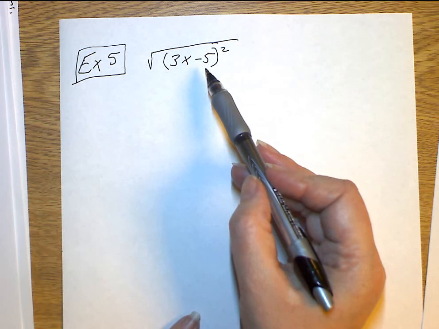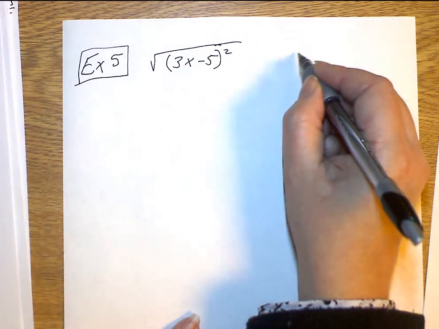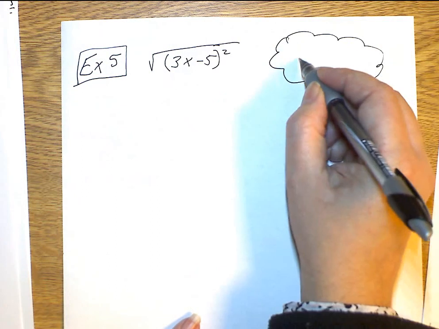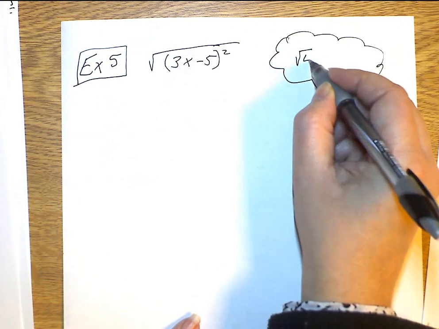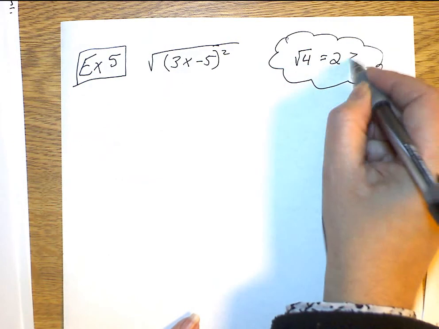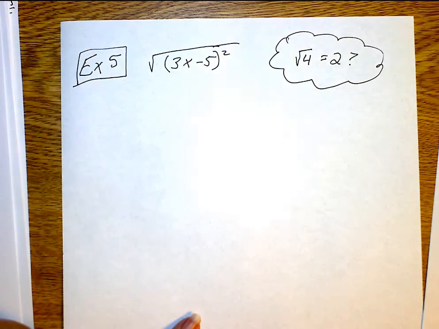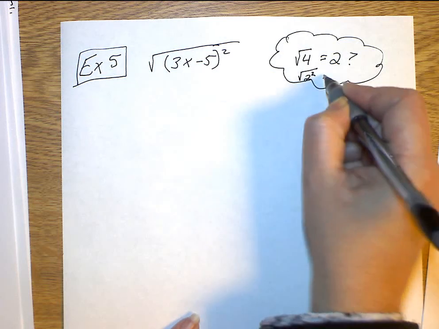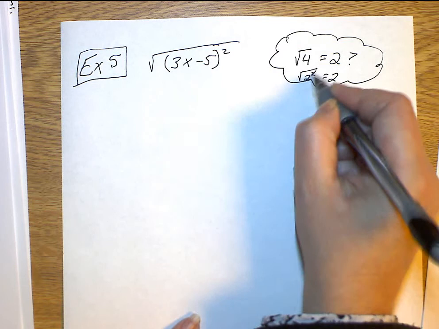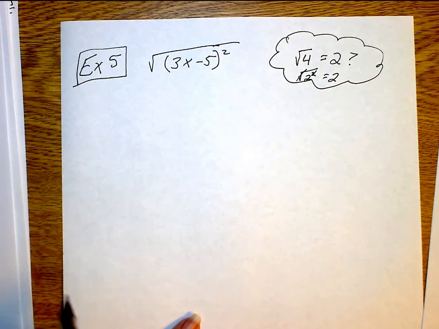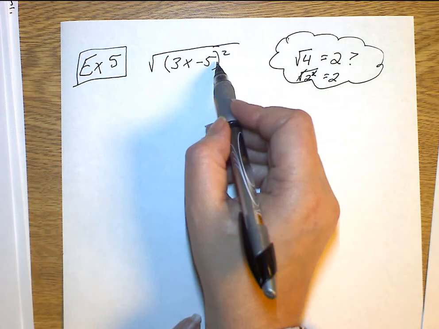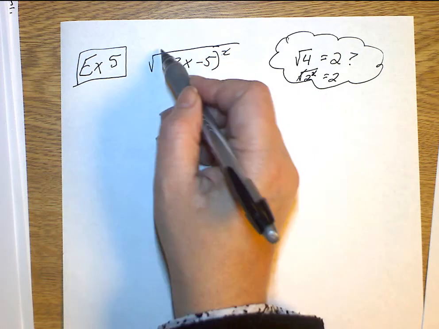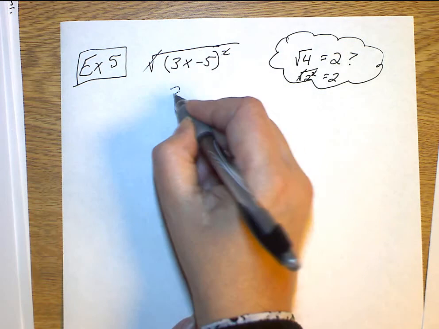Can anybody tell me why, let's think about this before I tell you what the answer is. Can anybody tell me why the square root of 4 is 2? Because 2 times 2 is 4. Because underneath this, you would have 2 squared, so this cancels with that. Over here, you cancel this square right there, and my answer is 3x minus 5.